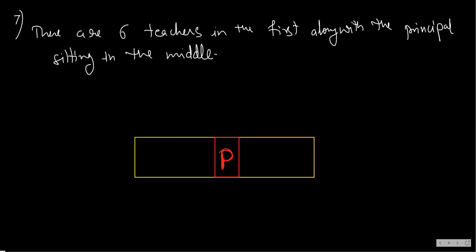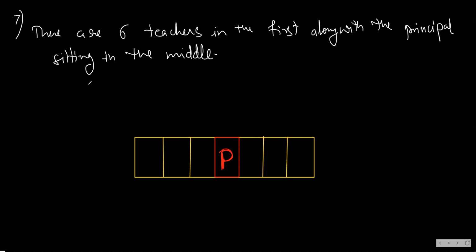Then it comes to the teachers. 6 teachers and 6 positions are there. You remember in the last lecture I taught you, when you have to arrange a given number of objects, taking all of them, they are arranged amongst themselves.